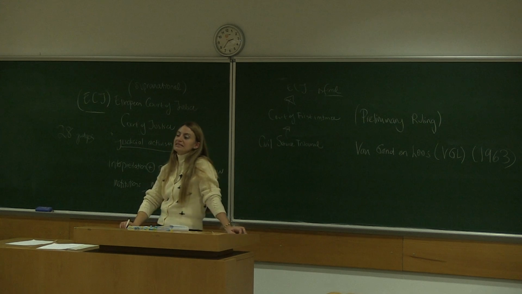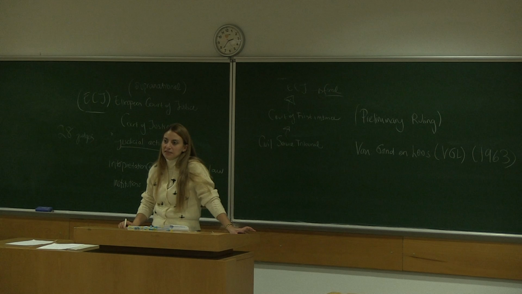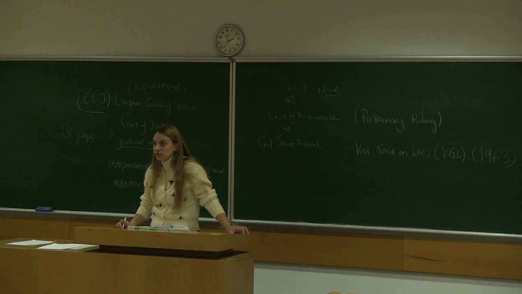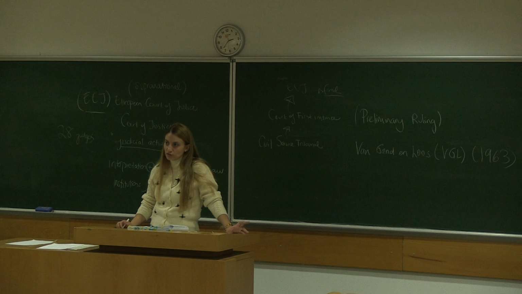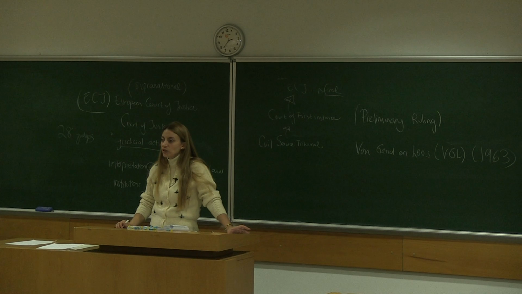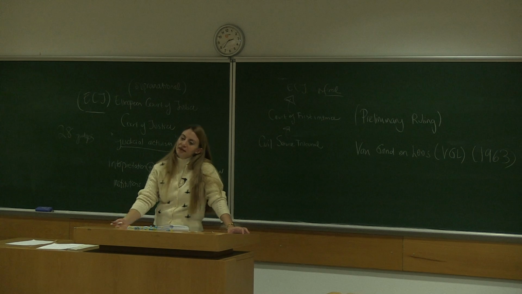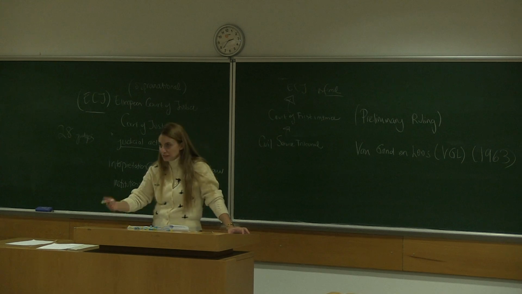So basically they said, this is against the Rome Treaty, so something has to be done. And this was brought in front of the Dutch court, national court. And the Dutch court was not quite clear, so it referred it to the European Court of Justice, and the European Court of Justice, after examining the case, came up with a ruling, with a decision.